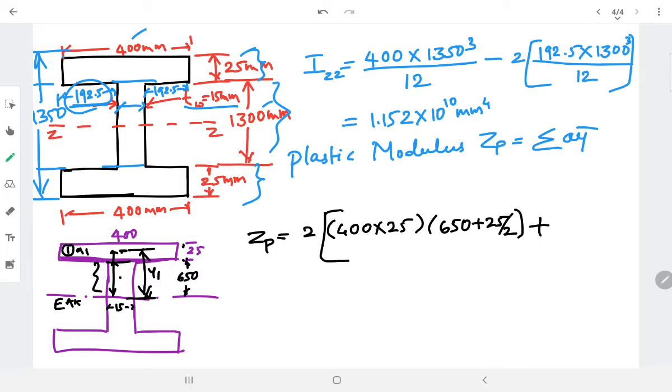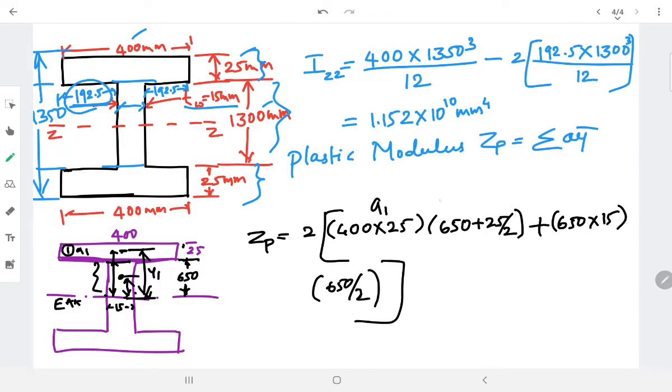Then plus the second area, which is this web. What is the web area? That is 650, the height of this web, into 15, the thickness. So 650 into 15 is the area, and Y bar will be from here to here. This height is 650, so it will be 650 divided by 2.